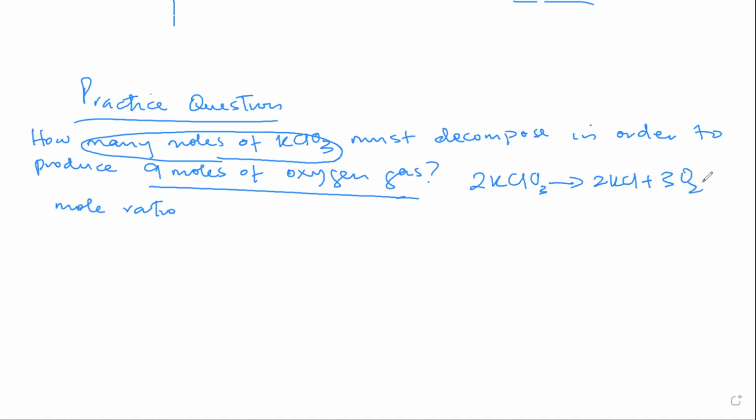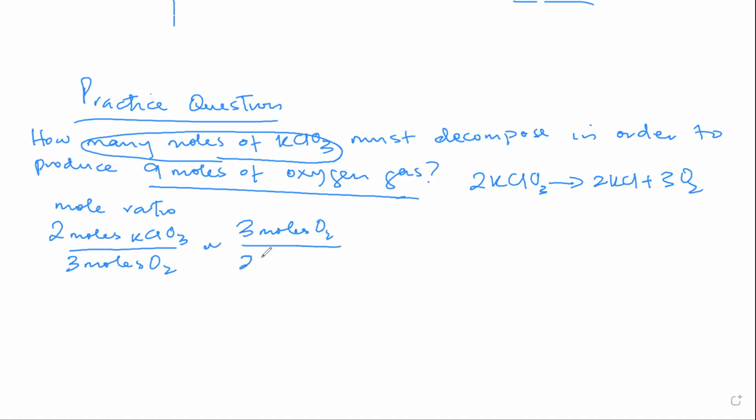So the mole ratio, potassium chlorate to oxygen: 2 moles of KClO3 over 3 moles of oxygen, or 3 moles of oxygen over 2 moles of potassium chlorate.